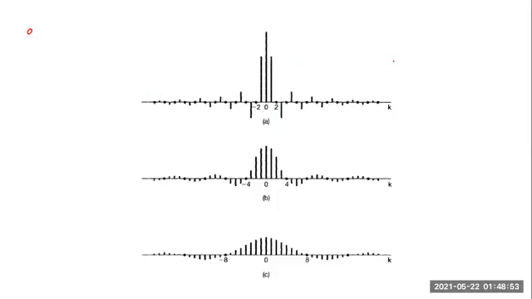These three graphs are given for different cases. The first case, this one, is for when time period T is equal to 4 times T1. This B is plotted for the case when T is equal to 8 times T1. And this figure C is plotted for the case when capital T is equal to 16 times T1.